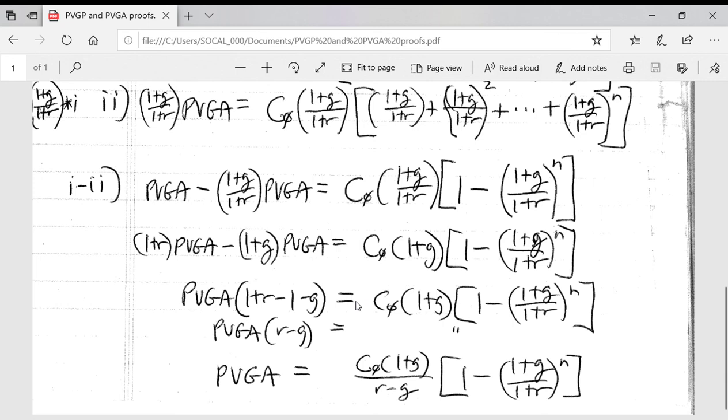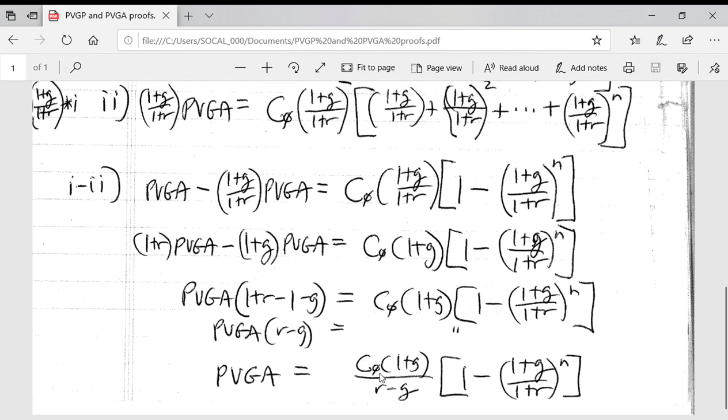And here, on the right-hand side, nothing changes in this step. And here, the 1 minus 1 becomes 0. So next step I have present value of growing annuity times r minus g equals the same thing over here, doesn't change. And then in the final step, when we're done, the application formula is being proved. The present value of a growing annuity equals, now this numerator right here can be thought of as the cash flow at date 1.